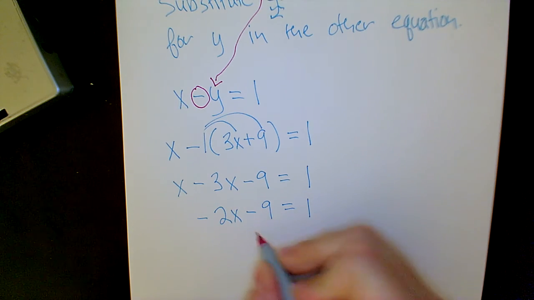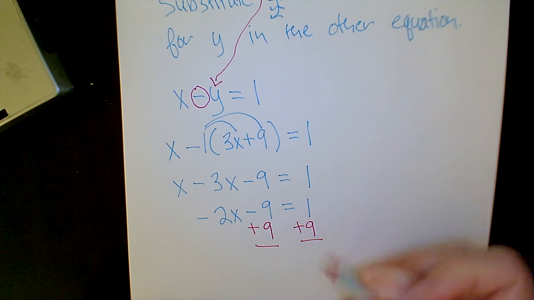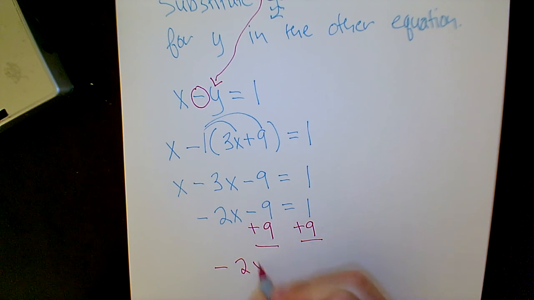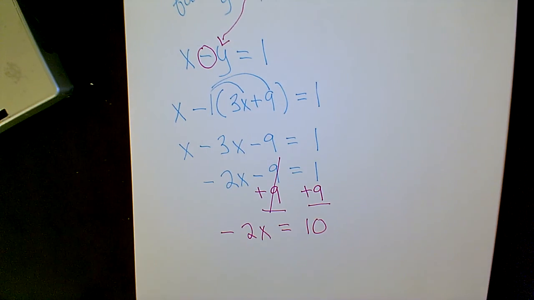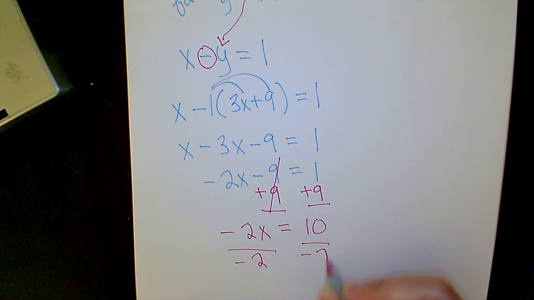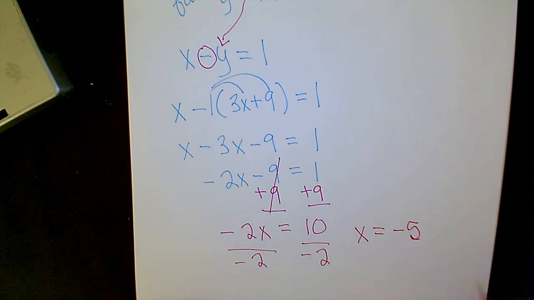I'm going to add 9 to both sides. So these go. And last step is always division. I'm going to divide both sides by -2. So I know my x is -5.